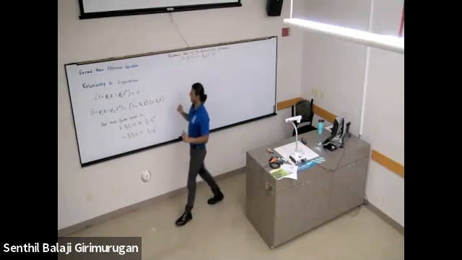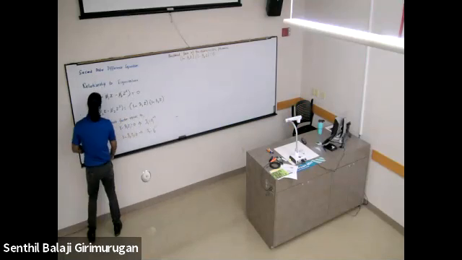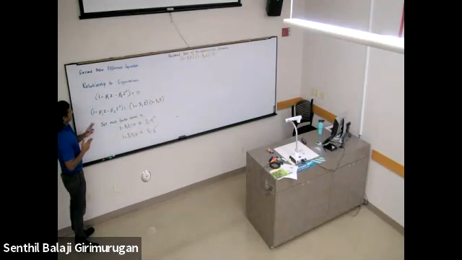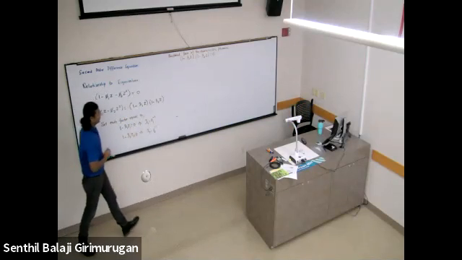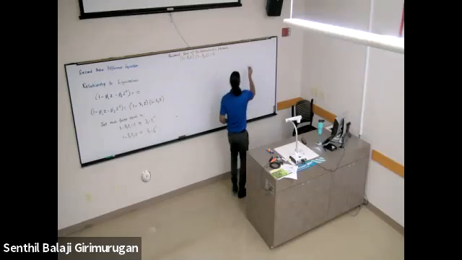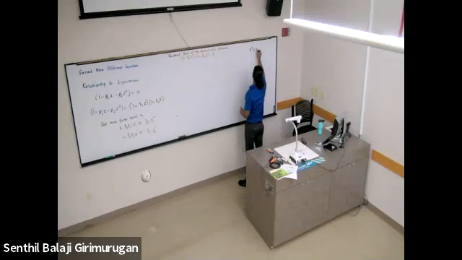The slight point of confusion that students often have is from here to there. I've only used z here, but when I got to there, I called it z1 and z2. This is something we've done in algebra also. You have a quadratic equation in terms of x, like the one I wrote, x squared plus 3x plus 2 equals 0.